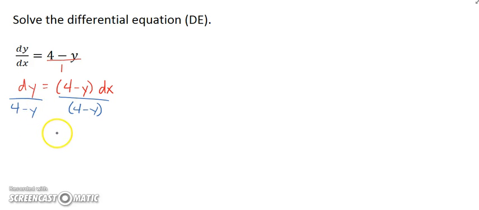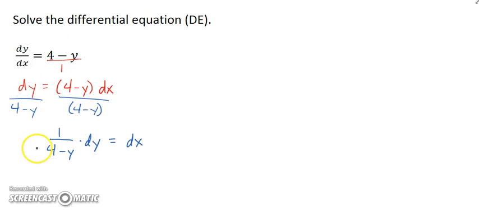And actually what I have is 1 over 4 minus y times dy. That's the left side. And on the right side, my 4 minus y's cancel, and I just get dx. And I've accomplished it. I've separated my variables. I have nothing but y's on the left side, nothing but x's on the right side.